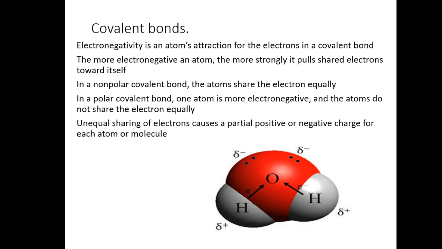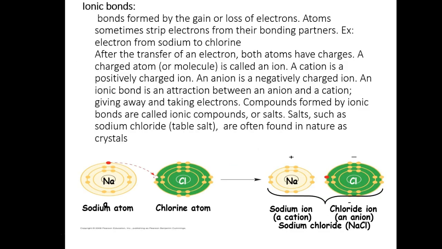It becomes very important in the next chapter when we talk about water and the properties of water and why water is so important for life. This unequal sharing is what causes this polarity in the compound that we're looking at.